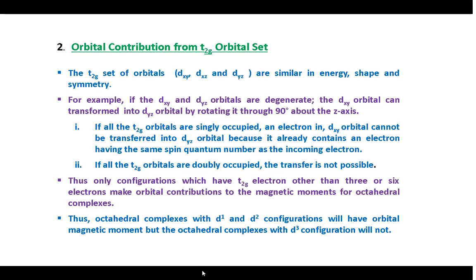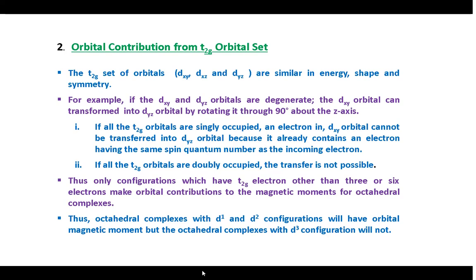There is a further factor that needs to be taken into consideration. Number 1, if all the t2g orbitals are singly occupied, an electron in the dxy orbital cannot be transferred into the dyz orbital, because it already contains an electron having the same spin quantum number as the incoming electron. Number 2, if all the t2g orbitals are doubly occupied, the transfer is not possible.